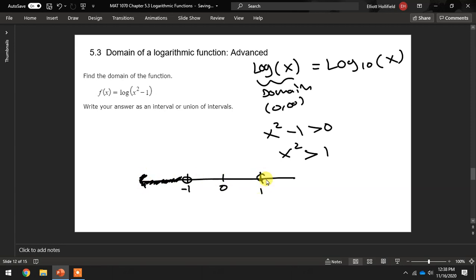And then any number that lives to the right of 1 will satisfy the inequality. That is, we have these two pieces. Either x is strictly less than -1 or x is bigger than 1. That gives us this interval in interval notation, minus infinity to -1 and from 1 to positive infinity.